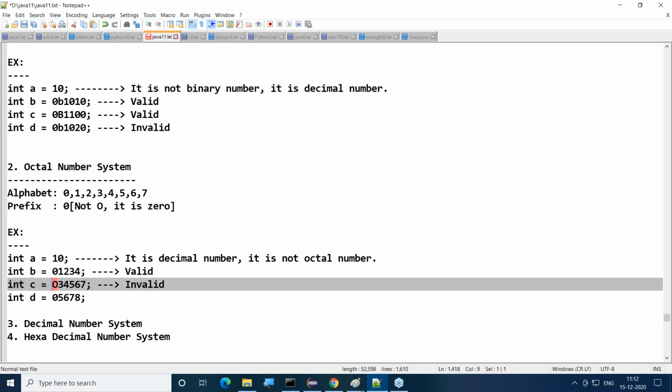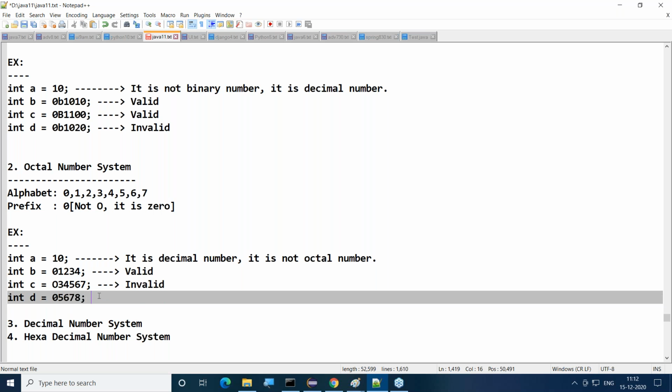I provided the letter O here, but the digit 0 is required. We need 0 as a prefix value, but I provided O. That's why it is invalid.